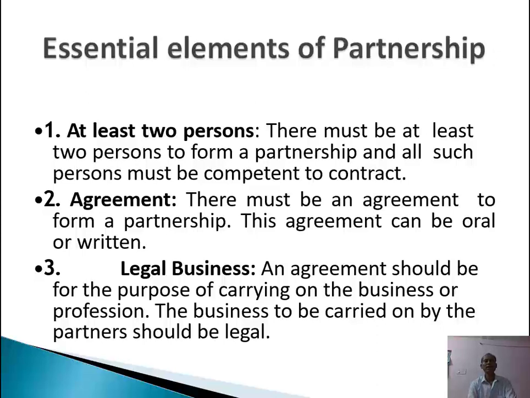And all such persons must be competent to contract. They must be competent to contract. For example, if a person is mentally retarded, is he competent? No. He is not eligible to become a member of the partnership.